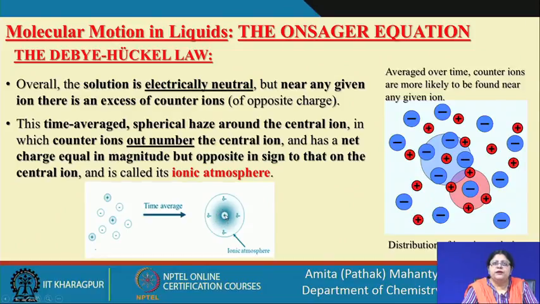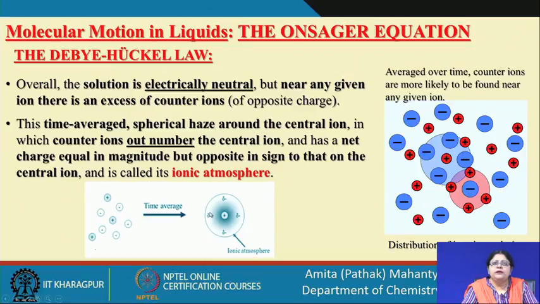If you have a central ion of positive charge, that is going to be surrounded by negative charge in a spherical manner. Okay. And this central ion can be a negative ion as well, then you will have a positive ion haze around it.